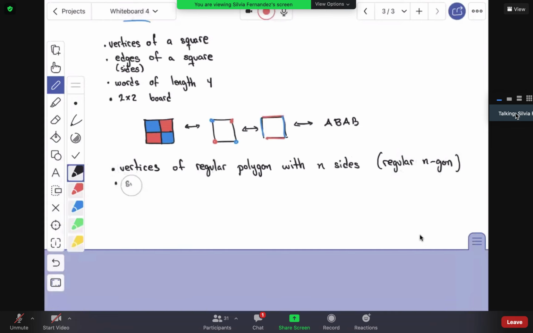Or you can also color the sides of a regular n-gon. Or you can consider words of length n. Yes, circular words as we were using before. And for the board, it's not exactly the same, but instead of a 2x2 board, I could use necklaces or bracelets.